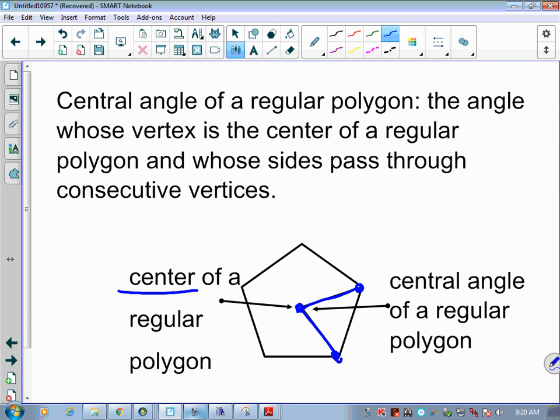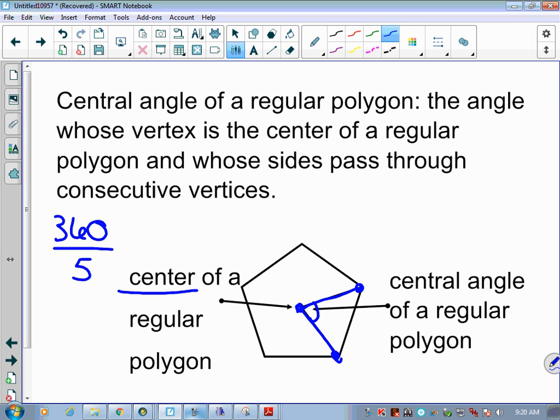Because we're talking about an angle, it's going to have a specific angle. And the way we're going to find that specific angle is we're going to count the number of sides and we're going to divide it by 360. We'll do that later on. We'll see why that's important.